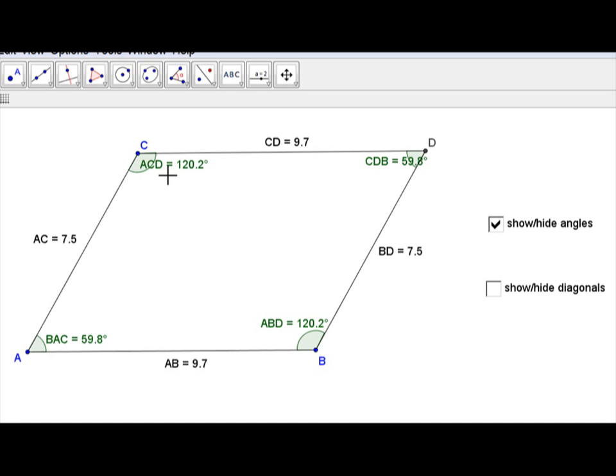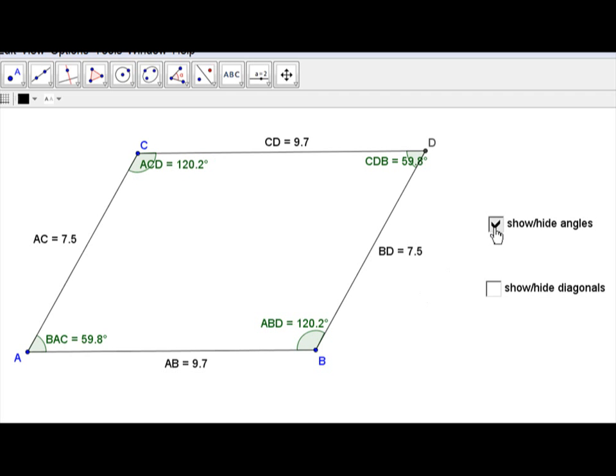They're supplementary, of course. So in a parallelogram, we've got yo, yo, yo, same side sup all over the place. We can describe that as consecutive angles, in other words, two angles in a row as you go around the parallelogram. So angle A and C are supplementary, C and D are supplementary, D and B, and B and A. Any two consecutive angles are supplementary because, again, you've got parallel lines.